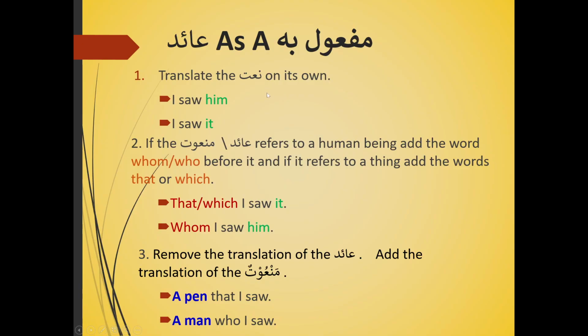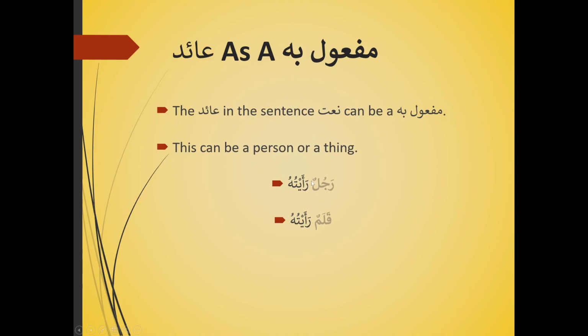Translate: I saw him, I saw it. That is the sifah because it comes after your nakira. Ra'aituhu is your sifah. It's in the form of a sentence. So translate this first, that's the first step. So this is "I saw him".